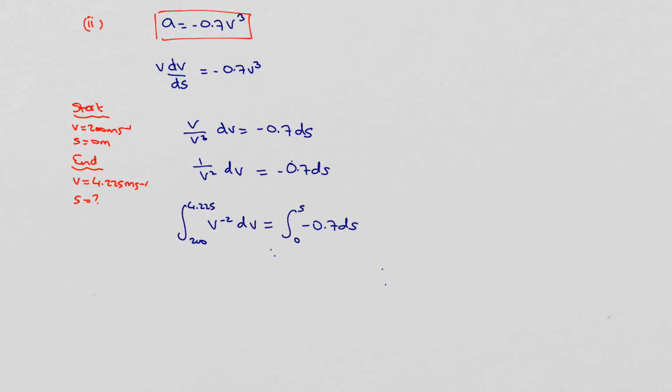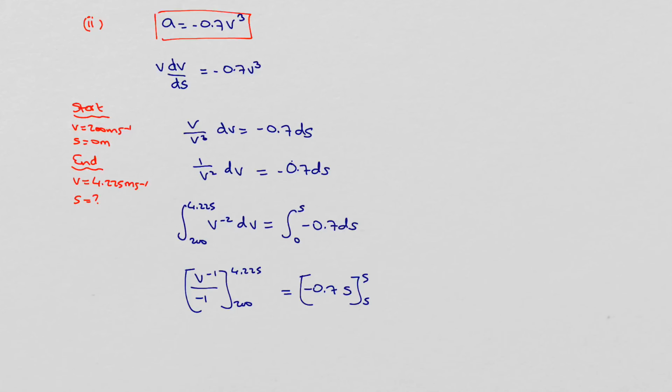Okay, so integrating then, if I add 1 to the power, I get v to the power of minus 1 divided by the new power, with the limits of 4.225 and 200. And that's equal to minus 0.7 s within the limits of s and 0.